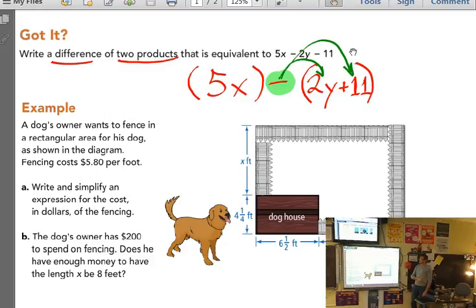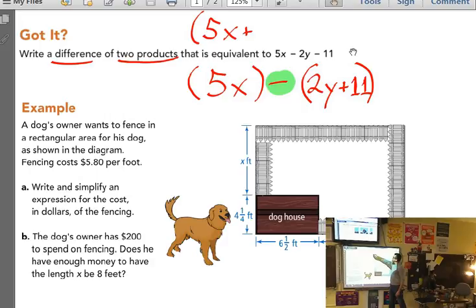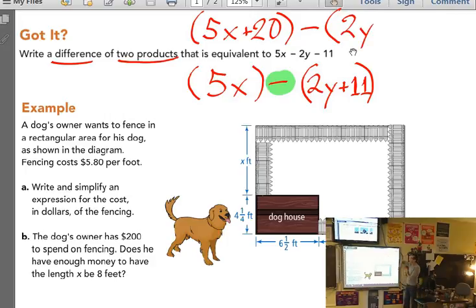Now, we could have actually made this even more complicated if we want to. Please don't. Oh, well, you don't have to, but I'm going to. We could have made this something like 5x plus 20 minus 2y. Well, now, what would I need to subtract from 20 to get down to negative 11?